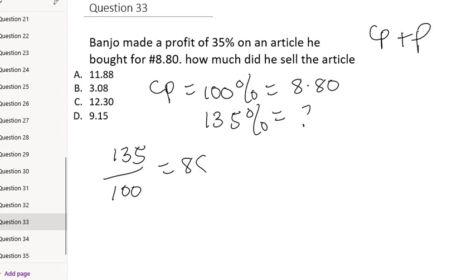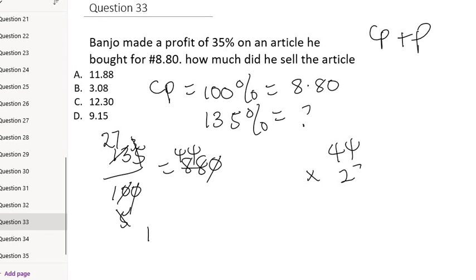Let's make it 80 kobo. 0 cancels 0. 2 into 5, 2 into 44, 5 into 1, 5 into 2, remainder 3. 5 into 35, 7. So 44 times 27. 7 times 4, 28, 8 carry 2. 7 times 4, 28 plus 2, 30. 2 times 4, 8. 2 times 4, 8.